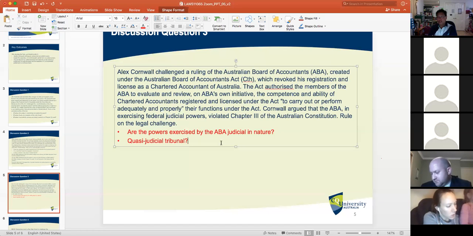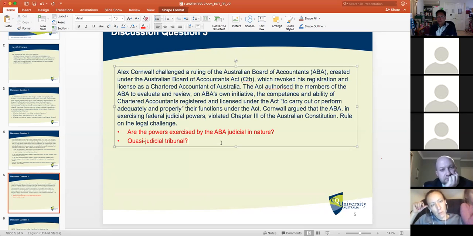There are also indications that this is not meant to be part of the federal judicial system, because the standards the ABA uses in making a determination use the concept of adequately and properly. Those are not really legal standards. They are more administrative standards, according, for example, to policy prescriptions.